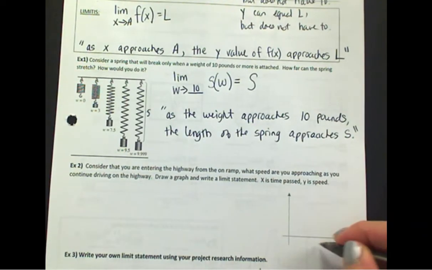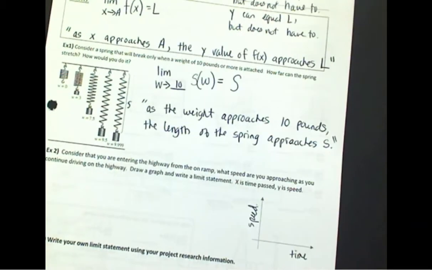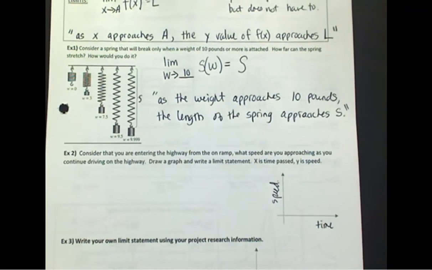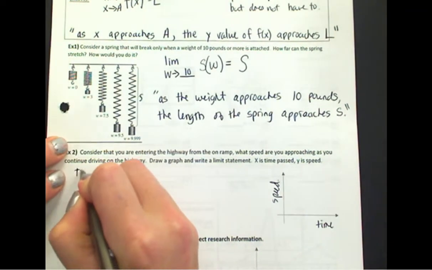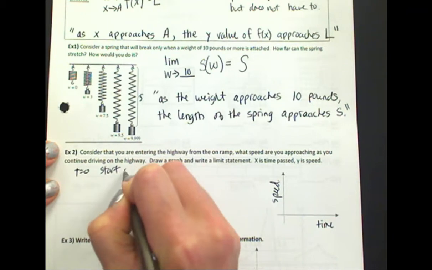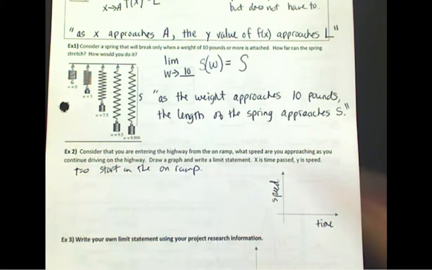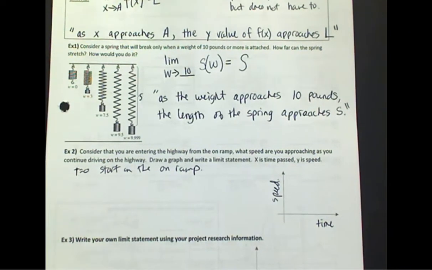Let's call this time. Let's call this speed. Let's say that t equals 0. Start on the on-ramp. Okay? Just so we all have a similar starting point. Then write your own limit statement.